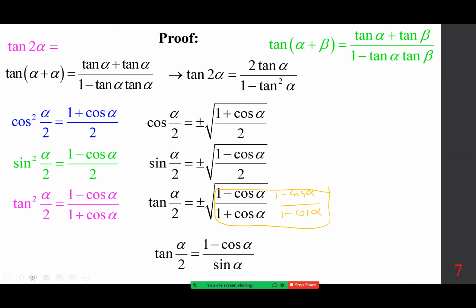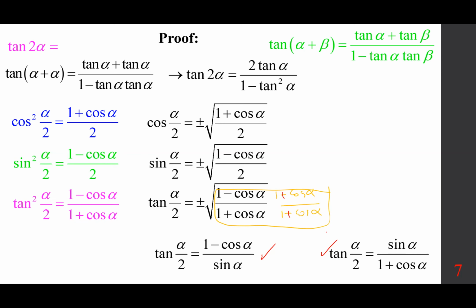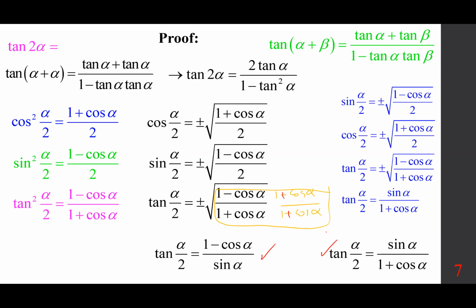And what if you multiply it by 1 plus cosine alpha over 1 plus cosine alpha? It establishes these two, this one and this one. That's tan of alpha over 2 is 1 minus cosine alpha over sine alpha, or sine alpha over 1 plus cosine alpha.